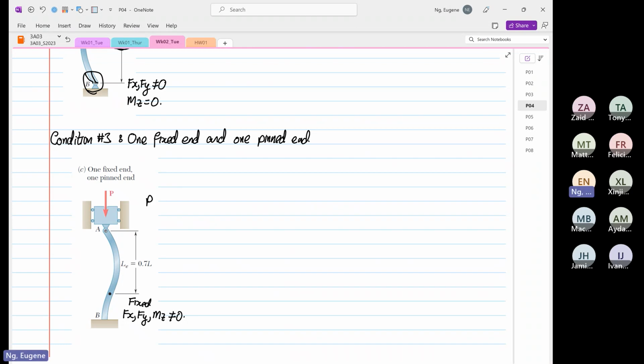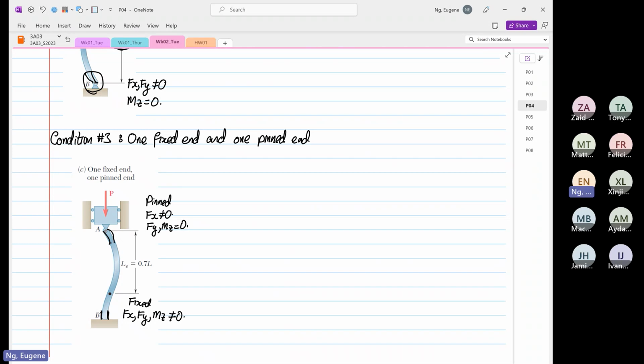And for a pin in this case, force x is not equal to 0, whereas force in the y and moment in the z are equal to 0. That's why you have this curvature over here, whereas down here is straight.